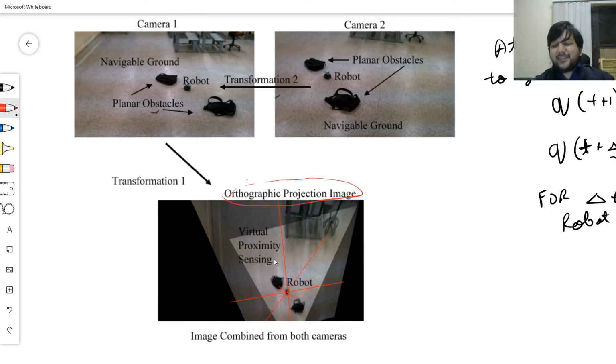Now the virtual proximity sensor is like a LiDAR or a sonar. It sends an electromagnetic wave and that comes back, and because the wave strikes and comes back, you note down the distance. If you have to simulate this algorithm, you need to know an algorithm called ray tracing.